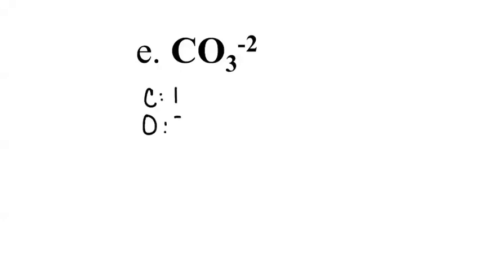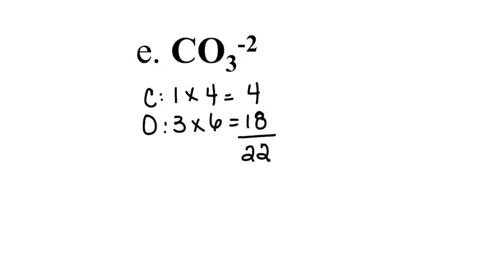We have 1 carbon, we have 3 oxygens. Let's put in the chat, how many valence electrons is carbon giving into this system for bonding? Great. How many oxygen? Excellent. So you're going to say, okay, 1 times 4, that's 4. 3 times 6, that's 18. So at first you calculate 22 valence electrons.